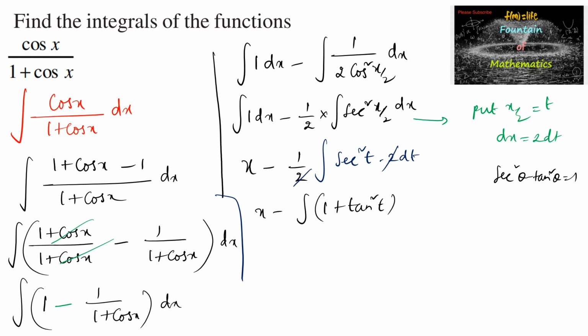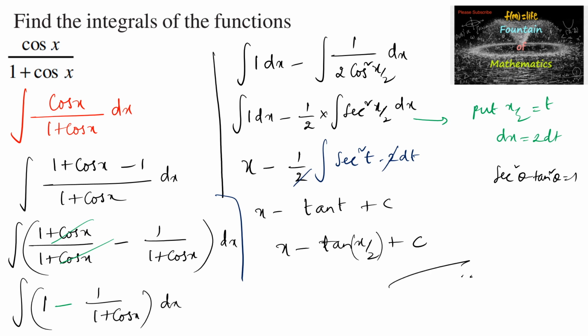Or normally we can integrate it. Let us use integration directly. So we know the integration of secant square is tan t. So we can write here tan t plus c. Since t is equal to x by 2, we can write x minus tan x by 2 plus c. So x minus tan of x by 2 plus c is the answer.